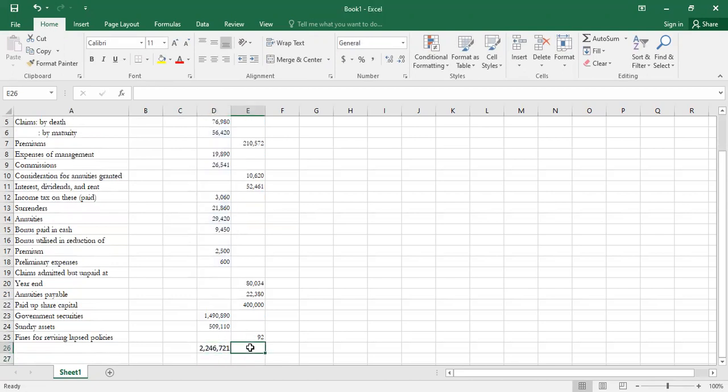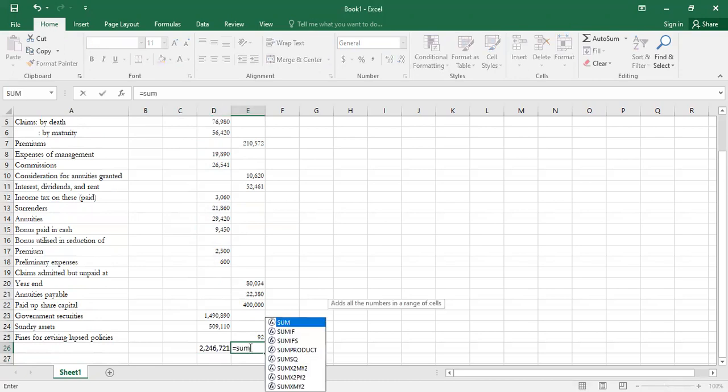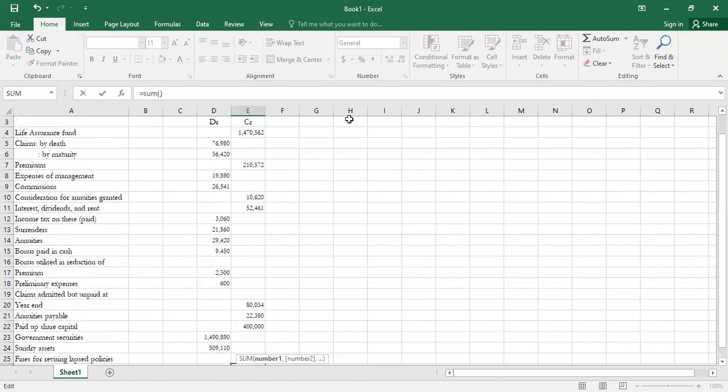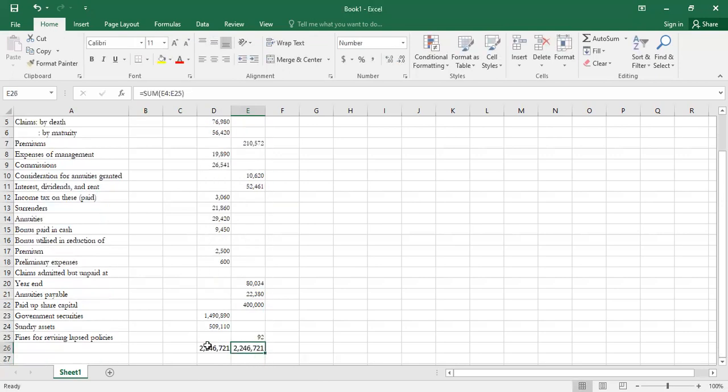So this will also be the sum of all these items starting from the life assurance fund to that point. Wow.